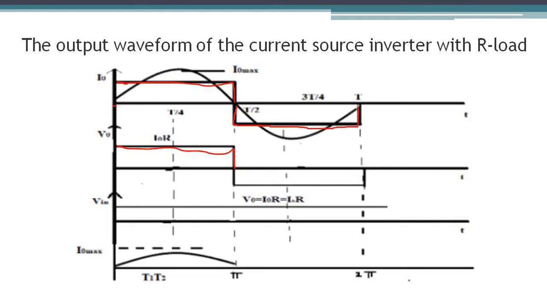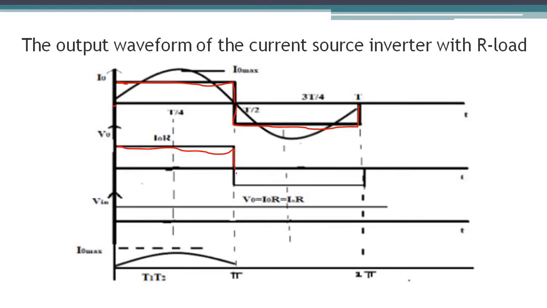So this is the direction of current. That means I0 is equal to minus Is, which is less than or equal to 0. I0 always remains constant in magnitude, but it is minus Is. And what about V0?